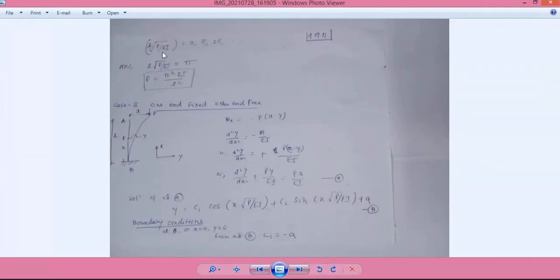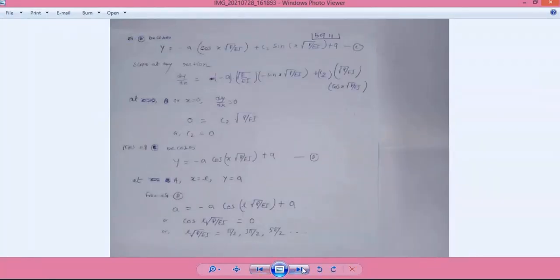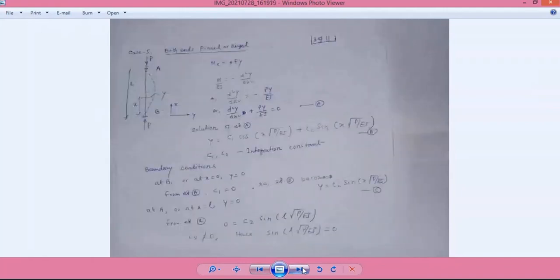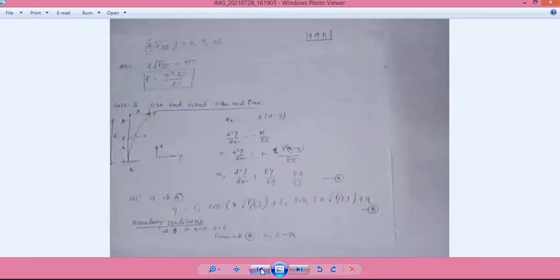And if we solve sin L root under P divided by EI is equal to 0, what will we get? We will get L root under P divided by EI is equal to 0, pi, 2 pi, and so on.